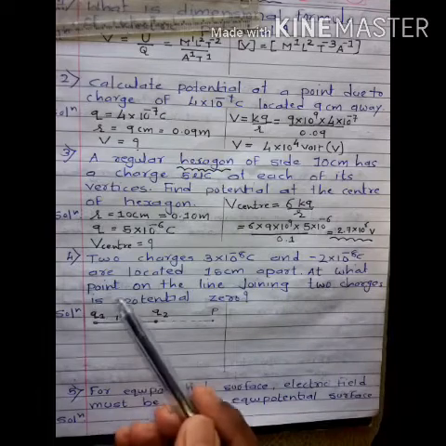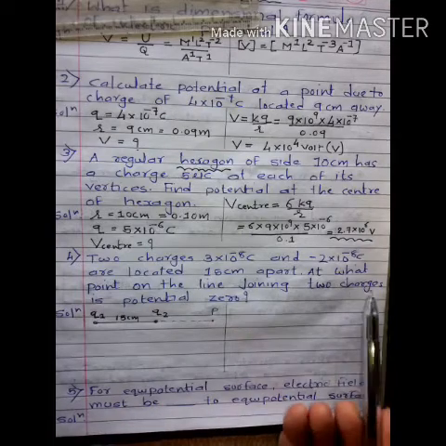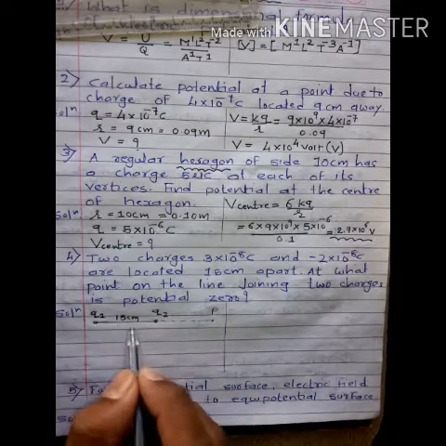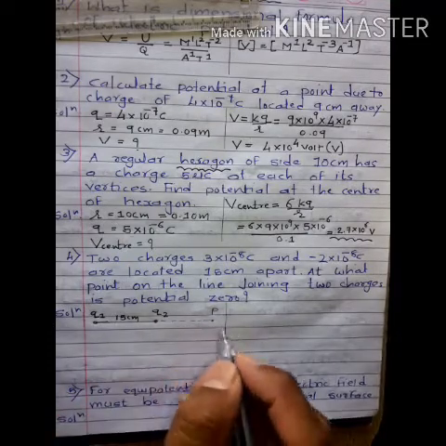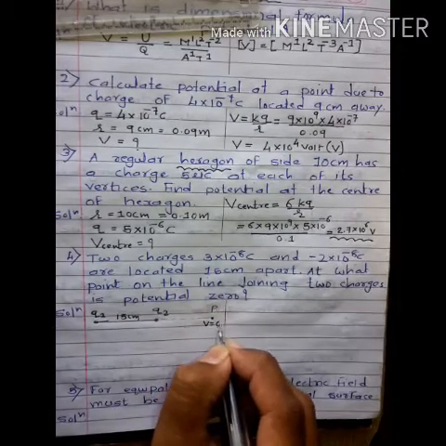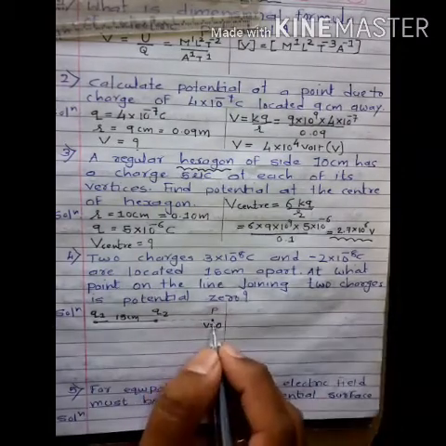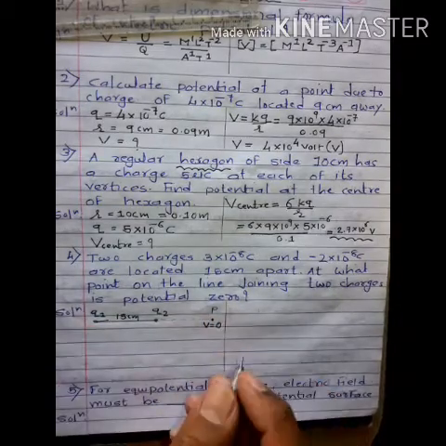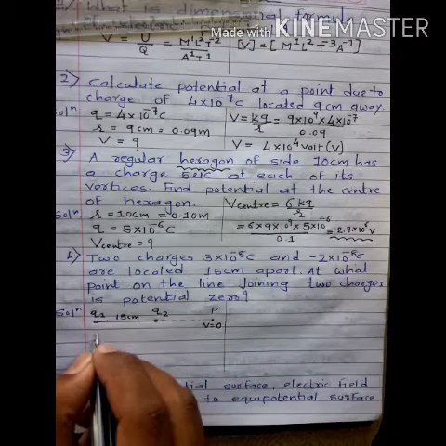Now, at what point on the line joining the two charges is the potential 0? So this is the line joining the two charges, and suppose at point P the total potential due to both charges is 0, V is equal to 0. So we want the distance of this point from the charge. Here we consider a simple assumption.